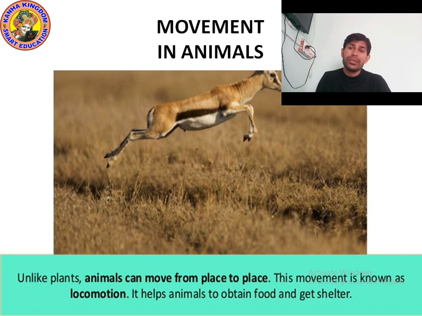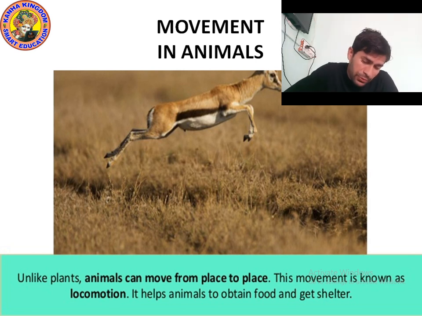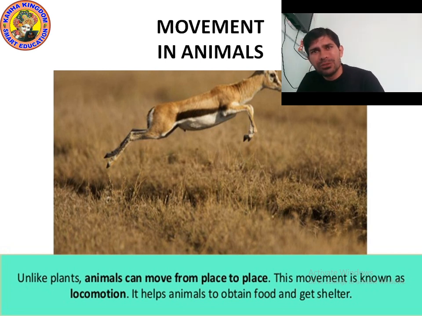We human beings use our legs to move. When a baby is not able to walk, the baby uses hands and legs both to crawl. A snake uses its body, and an earthworm uses bristles. So different animals use different body parts.